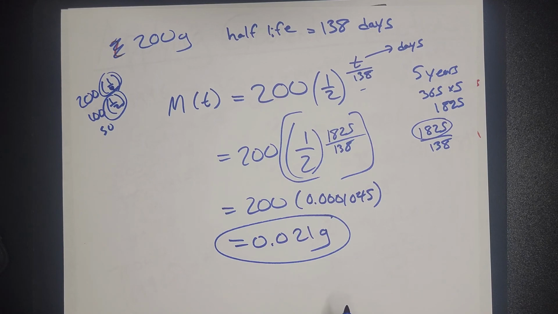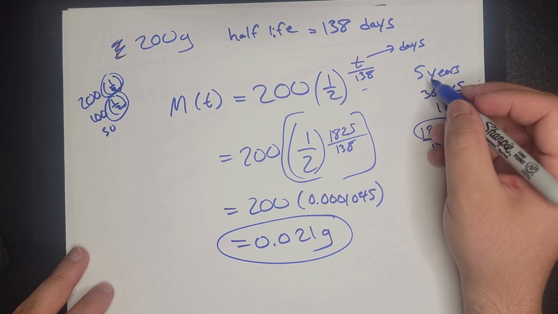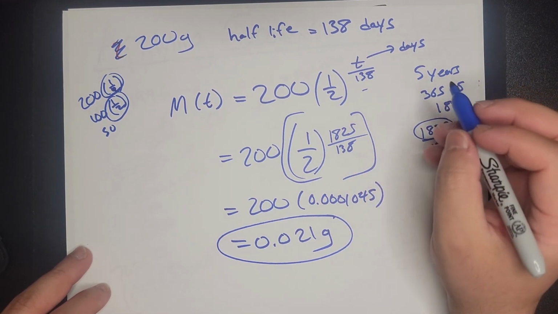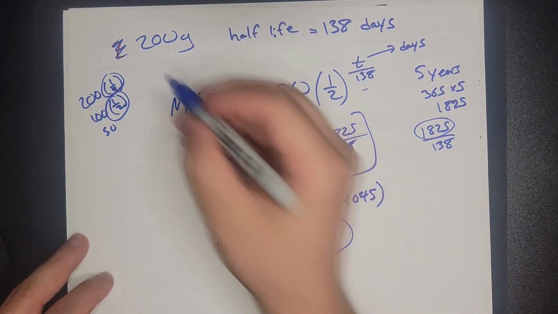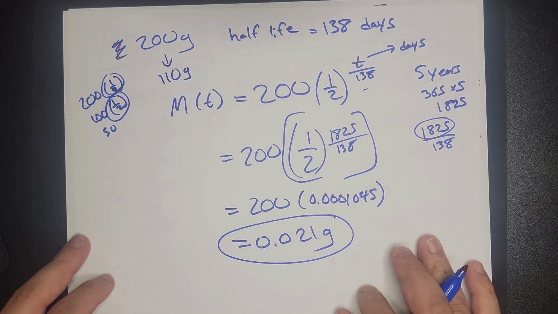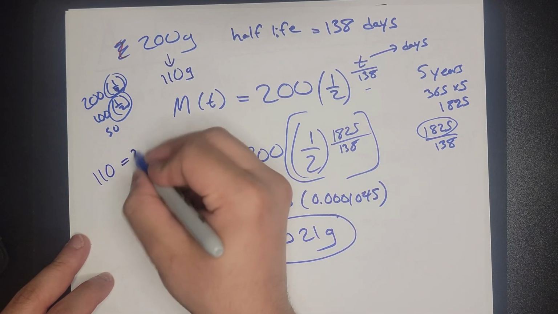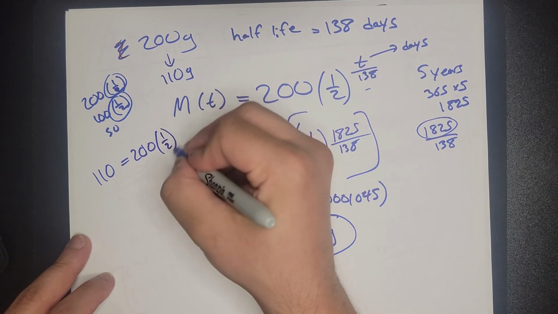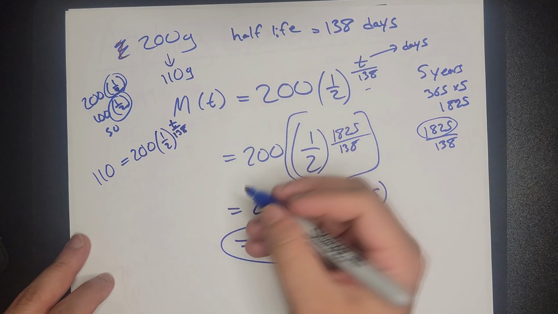Another question here could be, instead of finding out how much is left in 5 years, I could ask you, how long would it take for this 200 grams to become 110 grams? It's simple. Just plug in 110 over 200, and solve.